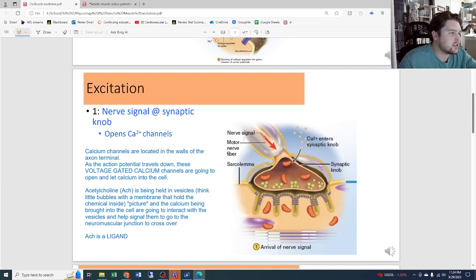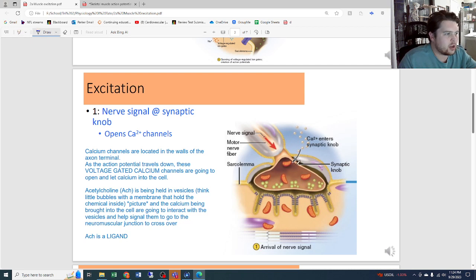So the very first thing that happens is that as the action potential is traveling down this axon and gets to this axon terminal, you have voltage-gated calcium channels, okay? And these calcium channels are located on the walls of the axon terminal.